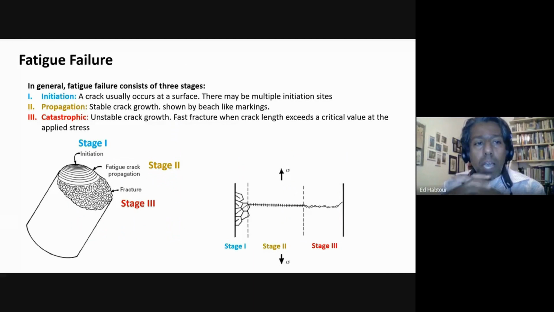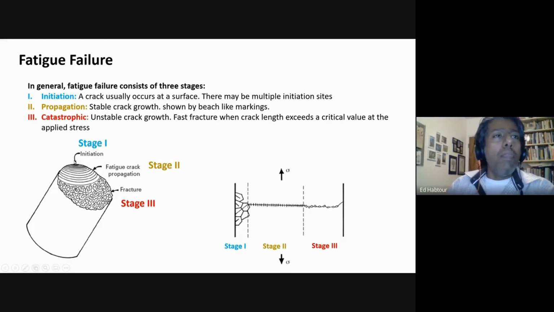So fatigue has three stages. The first stage is the initiation of fatigue. So the initiation process, and then the propagation.